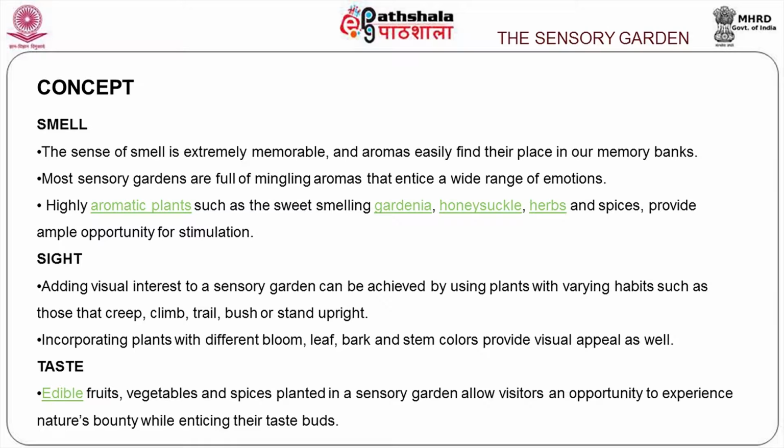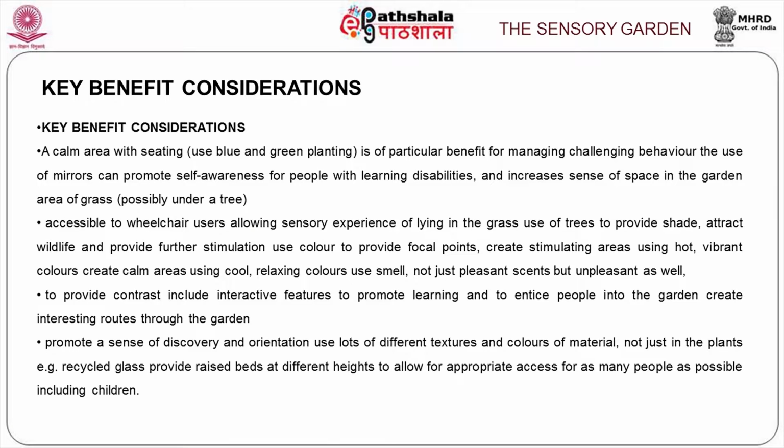Then comes your taste. Taste is again directly your vegetables, fruits, all these things. It will improve your taste buds. But how do you achieve this in terms of landscaping? A calm area with seating. You should have proper colors for plantation. I think you can read all these things, whatever we are talking about.